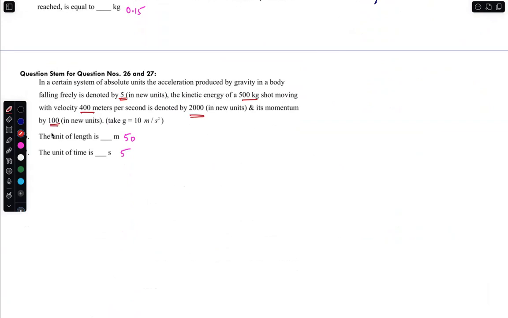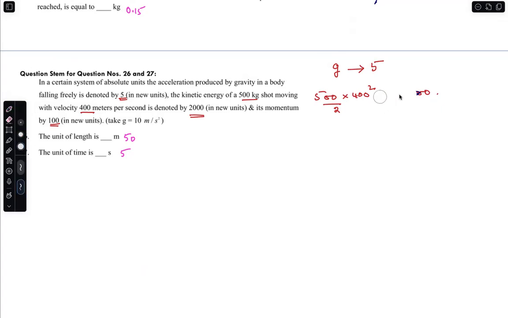See, please try to understand where we have g, there you can use 5. And where we have 500 into 400 square by 2, there they have 2000. Hold on, I'll just mark this in a different way.